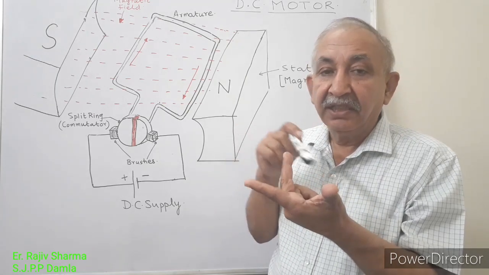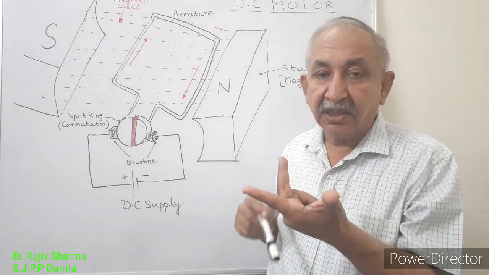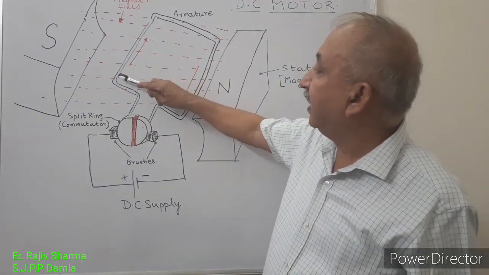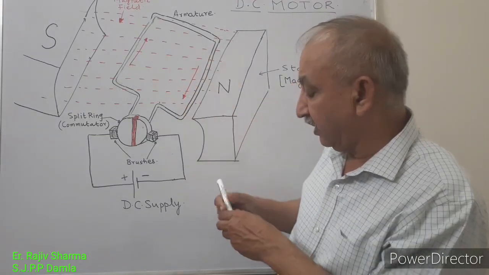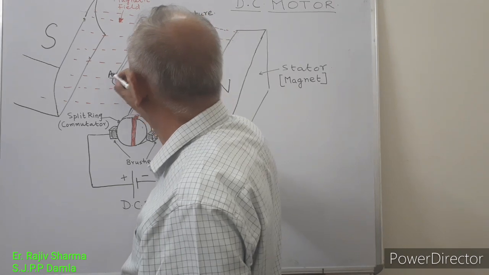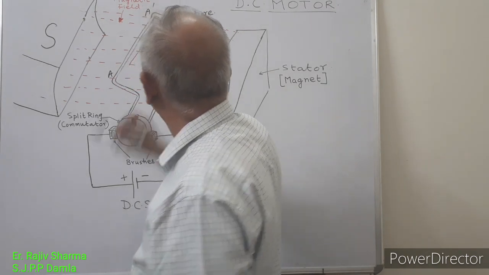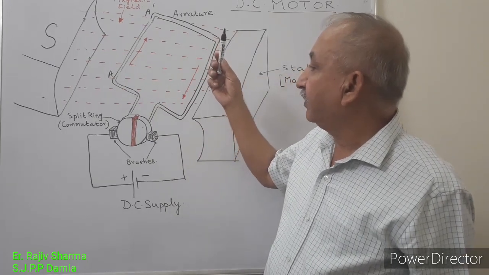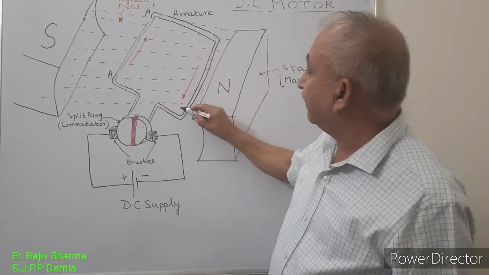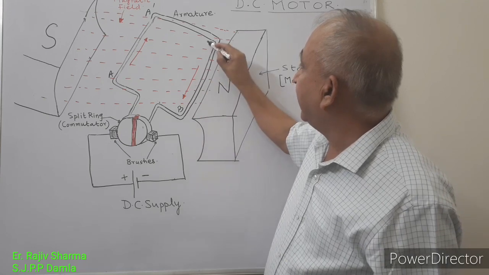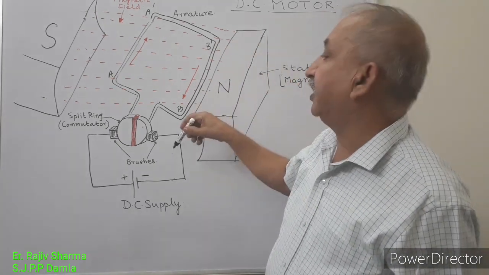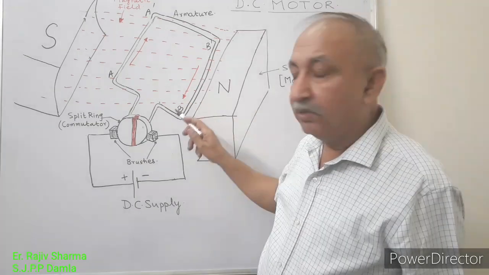All these three vectors are perpendicular to each other. So applying Fleming's left hand rule on side AA dash, a torque is produced in the upward direction, and similarly for the side BB dash, the torque is produced in the downward direction and the conductor will rotate.